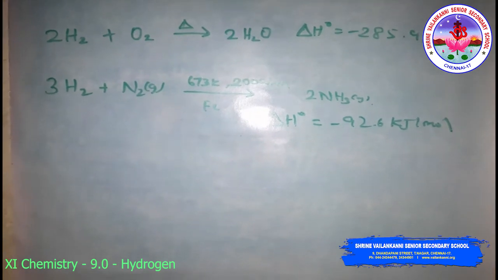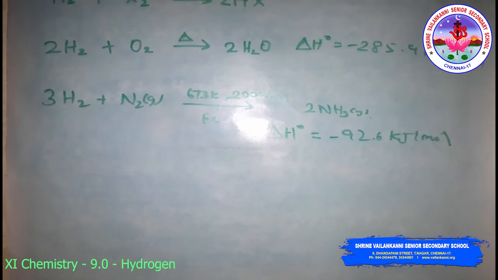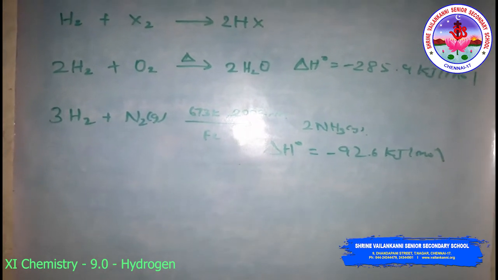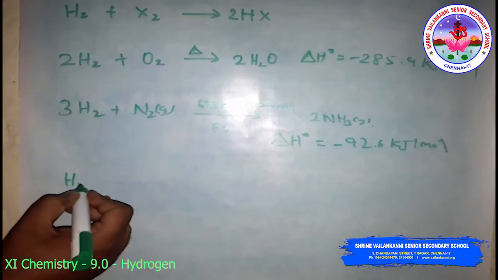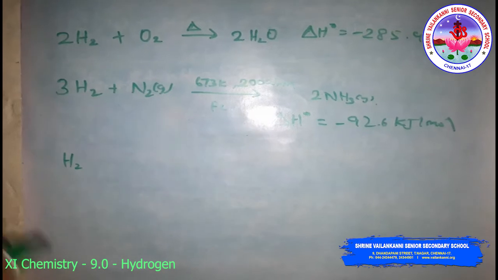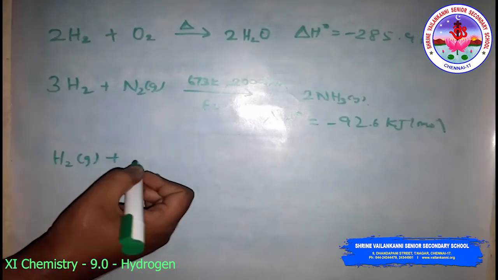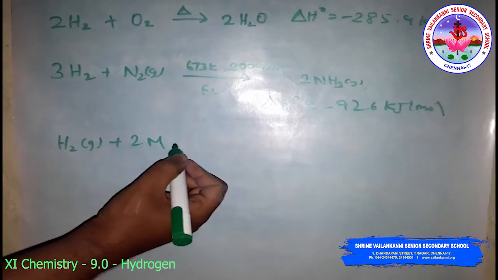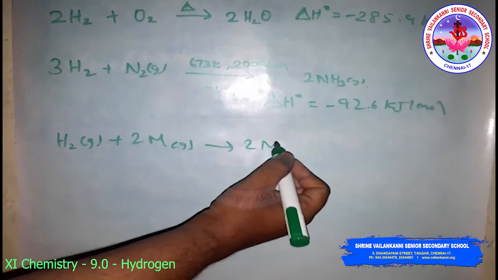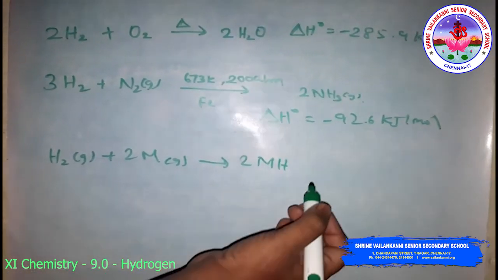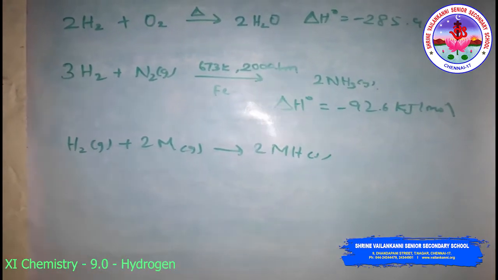Then the reaction with metals. Many metals combine at high temperatures to yield the corresponding hydrides. We are going to discuss the hydrides in a separate part. Hydrogen gas reacts with metal to form solid metal hydride, where M indicates any alkali metal.